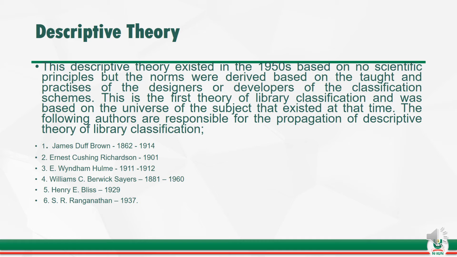The following authors were responsible for the development of descriptive theory of library classification: James Duff Brown, Ernest Cushing Richardson, William Henry Bliss, and Ranganathan. So we are going to be looking at these authors that developed descriptive theory. Let's move ahead.